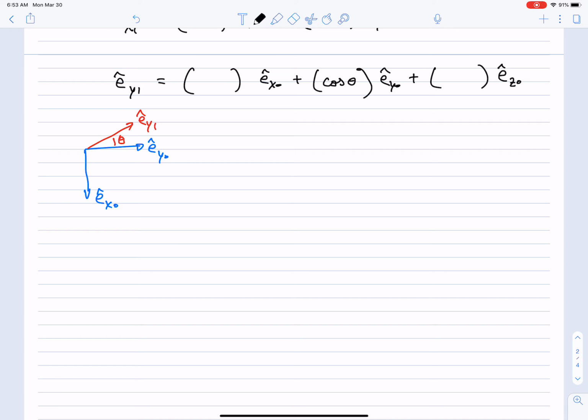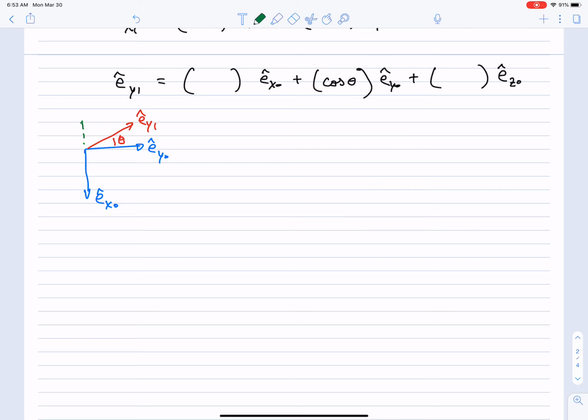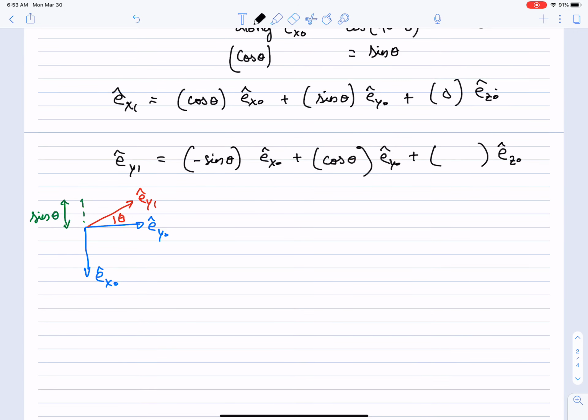The projection of EY1 onto this thing is sine theta, but then this is along negative EX0, so it's actually going to be negative sine theta. Okay, so that's it. So we have expressions for EX1, EY1.